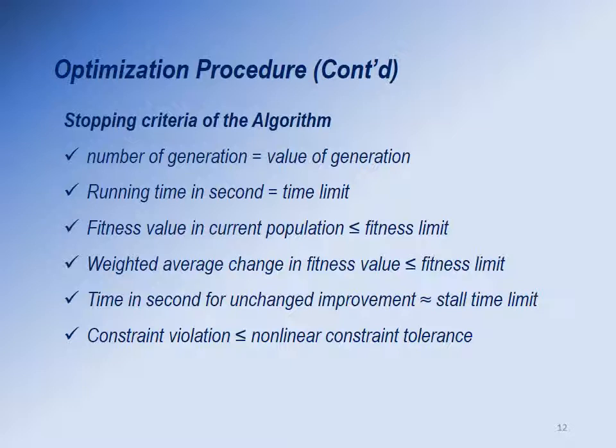Again, if the time in seconds for unchanged improvement is almost equal to the stall time limit, then this algorithm may stop. And again, if the constraint violation is less than or equal to the nonlinear constraint tolerance, then also this algorithm can stop. In the next slide, I will show an example of evolution by genetic algorithm.